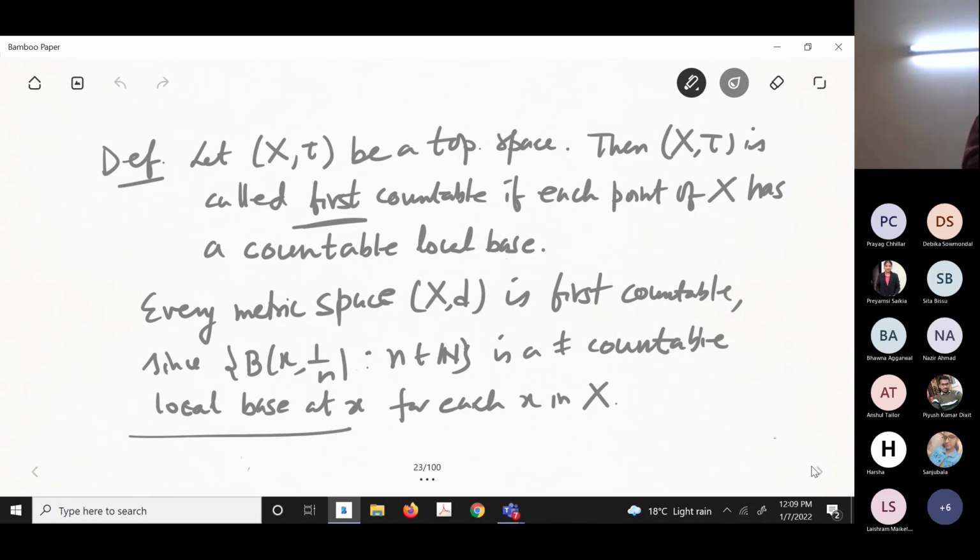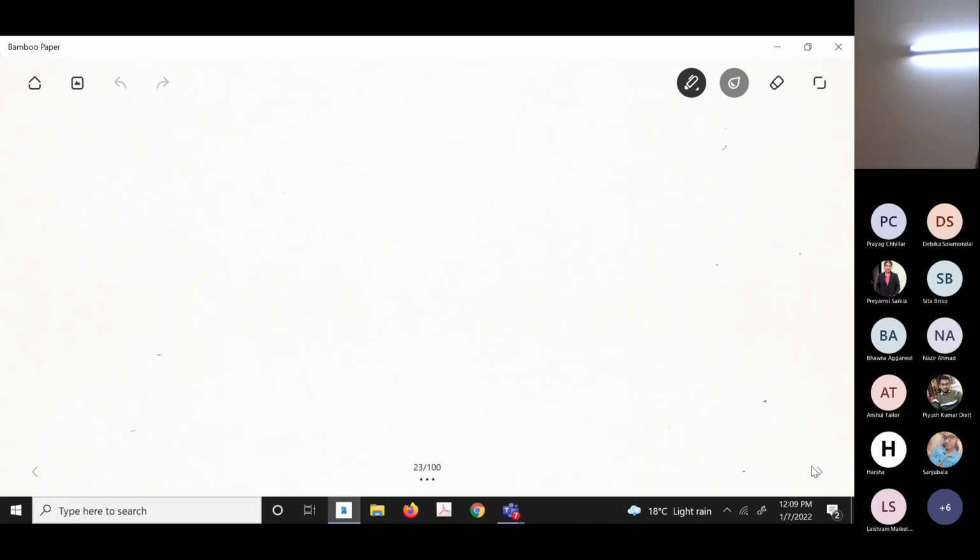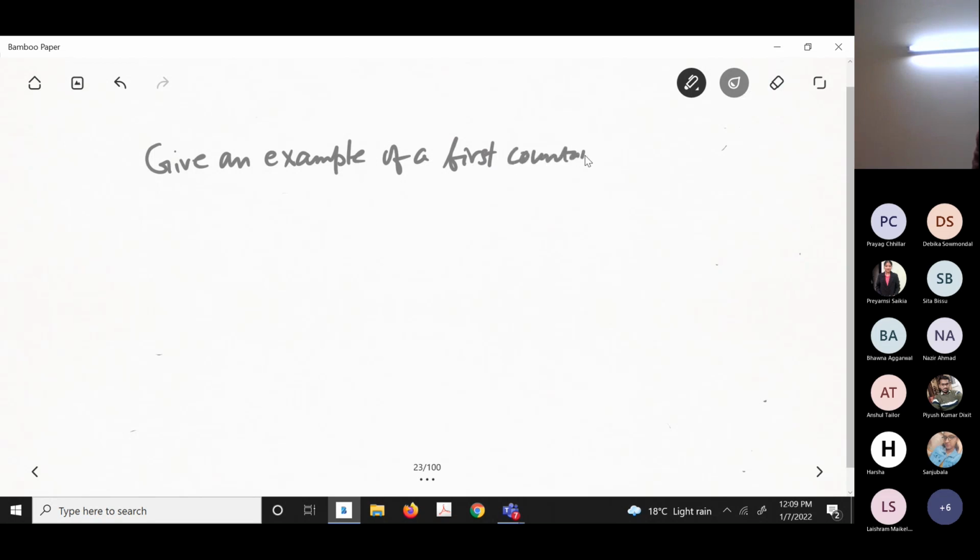But let me tell you that last time I left an exercise. Give an example of a first countable space which is not a metric space.